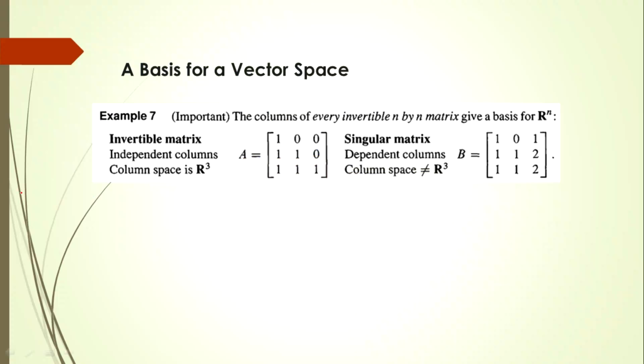For matrix A, we can perform the elimination to check whether those columns are all pivot columns. Let's get the RREF for matrix A. The first row is the pivot row. Row 2 minus row 1, so we get 0, 1, 0, 0, 1, 1.